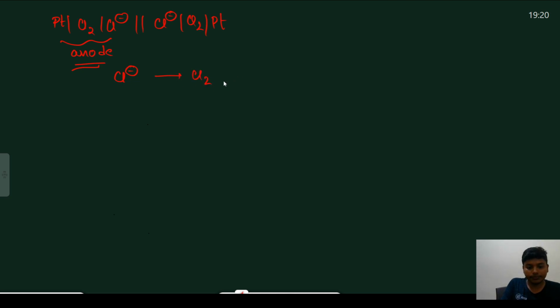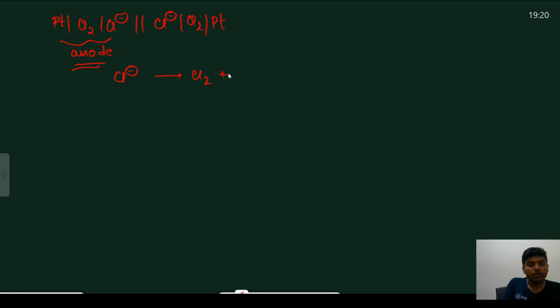See, platinum, Cl2, Cl minus, and this Cl minus, Cl2. Now when I'm writing this, the left side is anode. So you have to write the anodic reaction. What is the oxidation reaction? 2 Cl minus will give Cl2 plus 2 electrons. This is oxidation, yes or no?